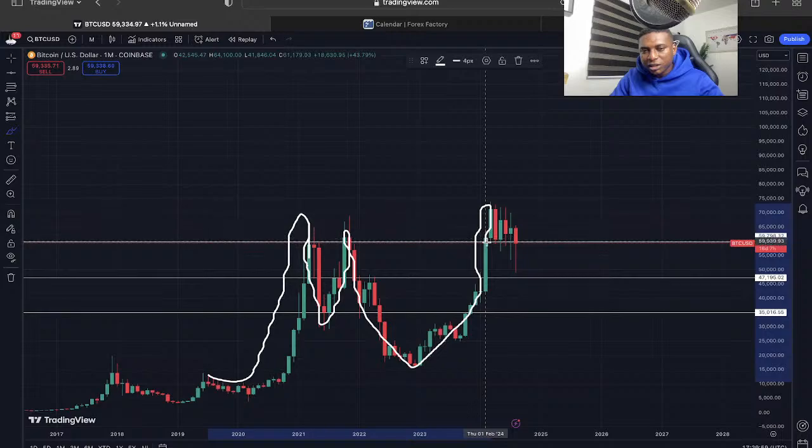We can see it retrace further down to the 49k region, and of course we can see the pushback that has happened, and it is currently sitting on the 58k region.